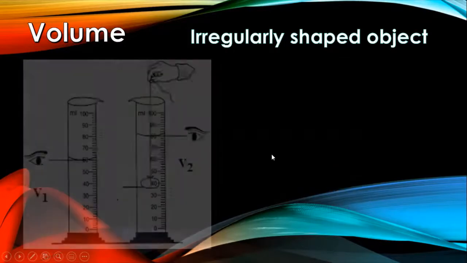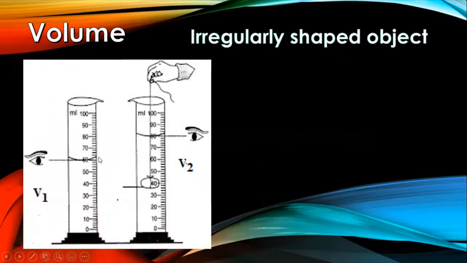Let's have a look. I've got an example here. So the first one, the level over here is 60 milliliters. Okay, the measurement here is milliliters. You pop the stone in and the level goes all the way up to 80. This is 80 milliliters. So what's the volume of the stone? Yes, 20 what? Milliliters.